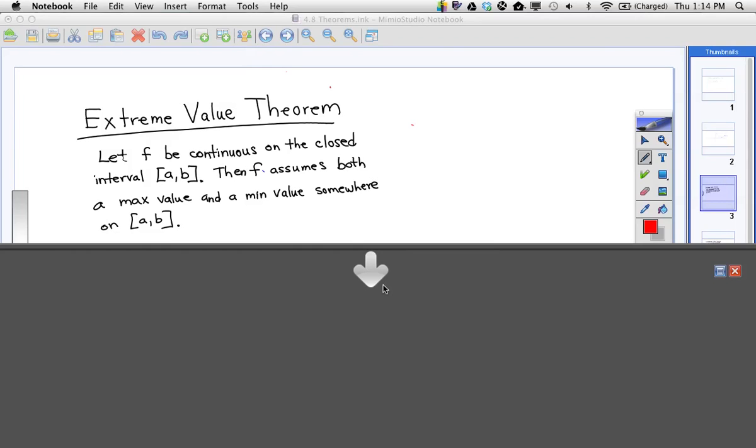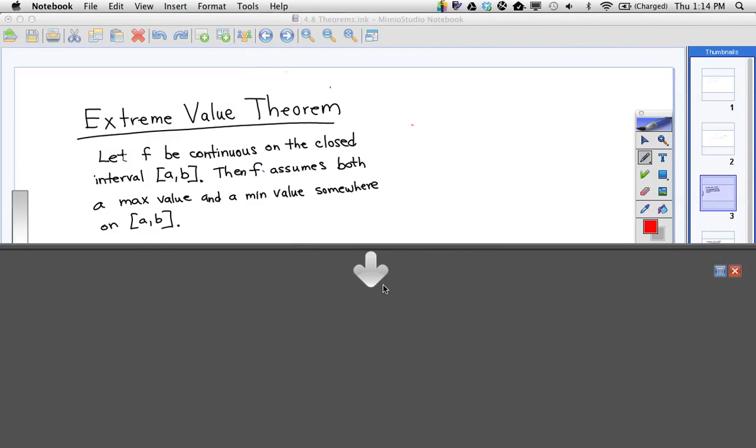So if f is a continuous function on a closed interval, then f assumes both a max value and a min value somewhere on the interval [a, b].